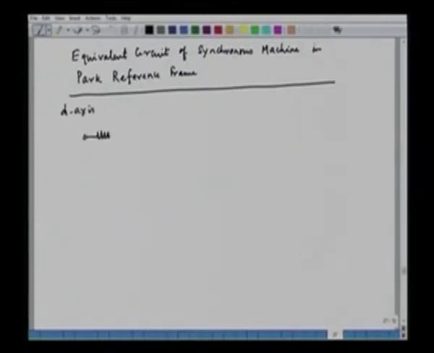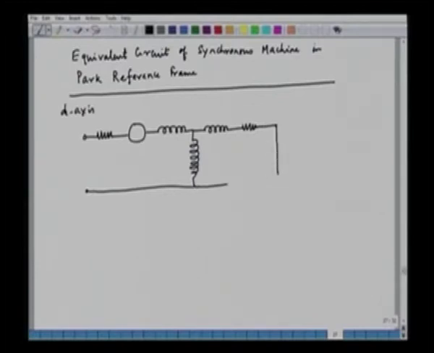So, we have the resistance here, and then the rotationally induced EMF, the stator leakage, the magnetizing inductance, and then the damper winding, which is usually short circuited. We have the field winding, the field leakage inductance, the resistance, and the field applied voltage.